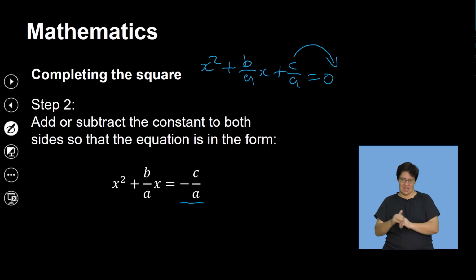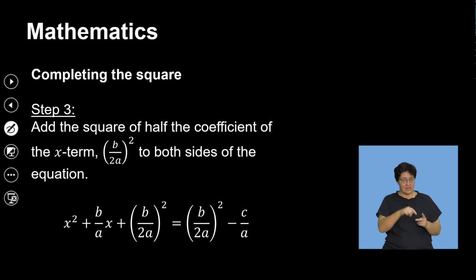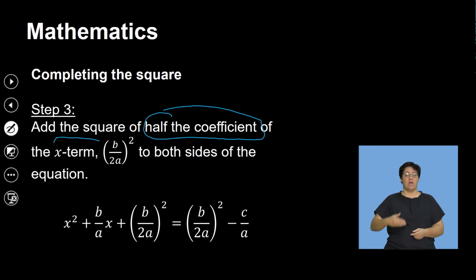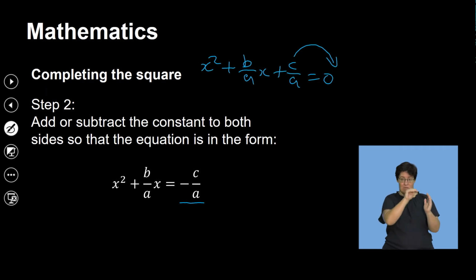And then you go to my third step. The third step is what makes completing the square to be what it is. What do I mean? Add the square of half the coefficient of the x term on both sides. What is that? Let me go back. My coefficient of x is b over a.